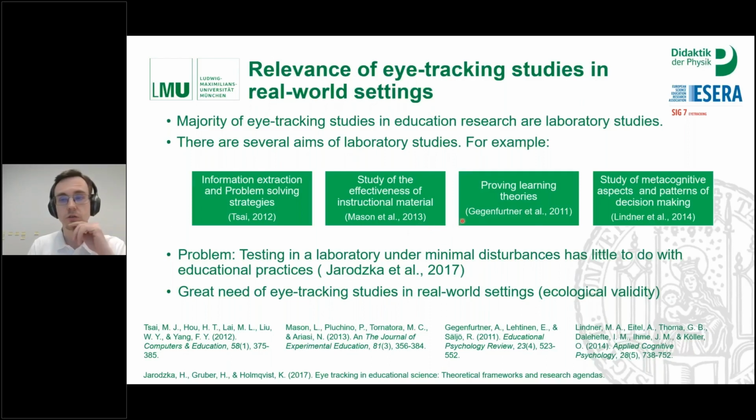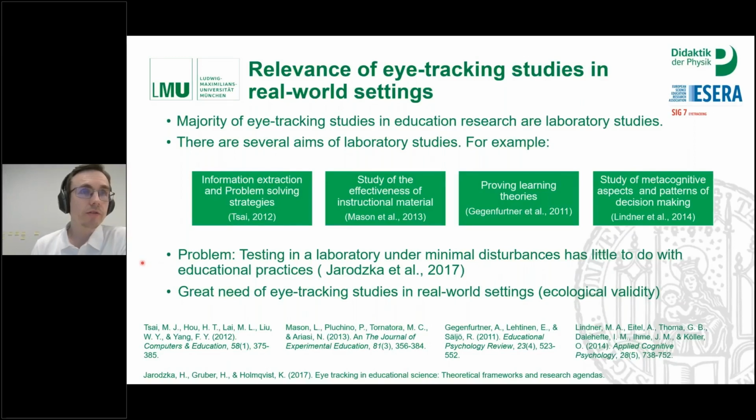And you can also prove learning theories. Apart from that, when you go away from the cognitive and perceptual level, you can also check some metacognitive aspects.